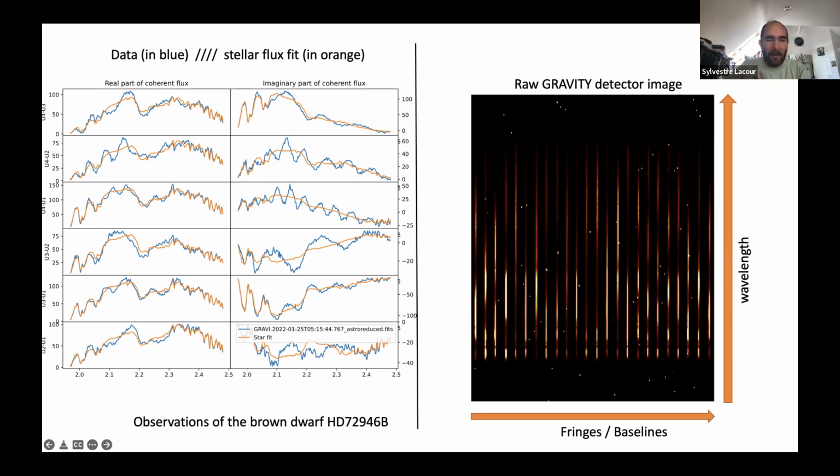And from this observation, which happened just a few minutes after our observation of the brown dwarf here, we can model both in amplitude and in phase the contribution of the stellar speckle. And this model is fitted to these complex visibilities, and you see them as the orange curve. So you can subtract the orange curve from the blue curve to remove the stellar contribution on the coherent flux on your detector.